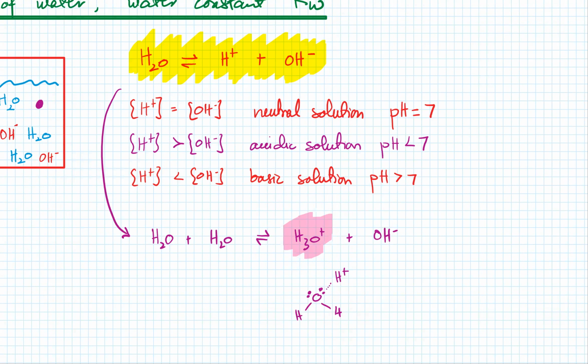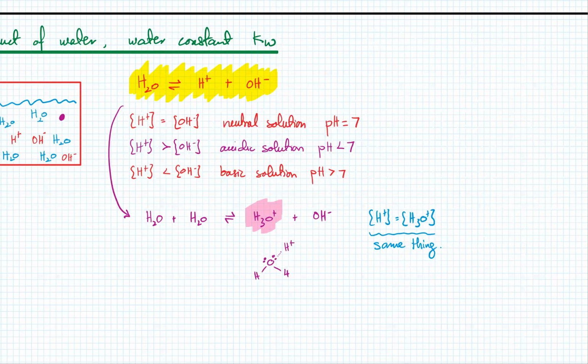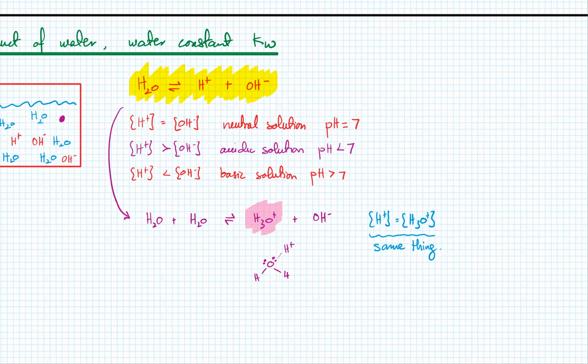Yep, it's clear. But these equations are used interchangeably. So just remember that whenever you hear the term H plus one ions, or the term H3O plus one ions, they're basically the same thing. Both equations, you can use interchangeably.